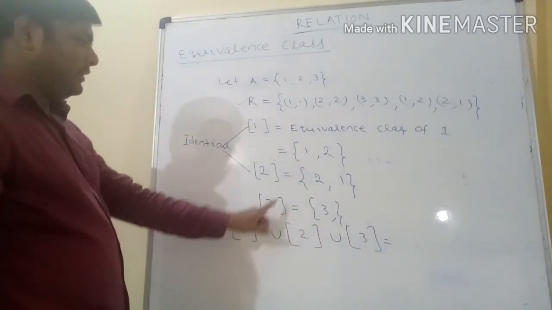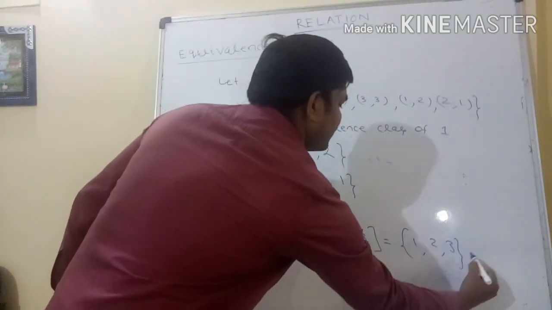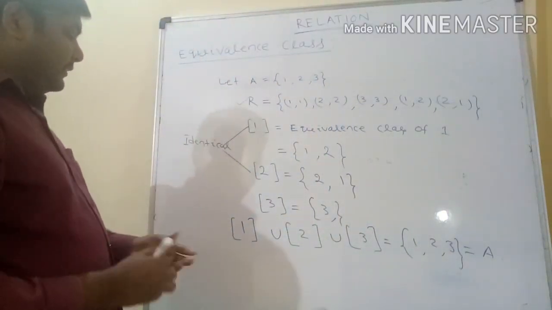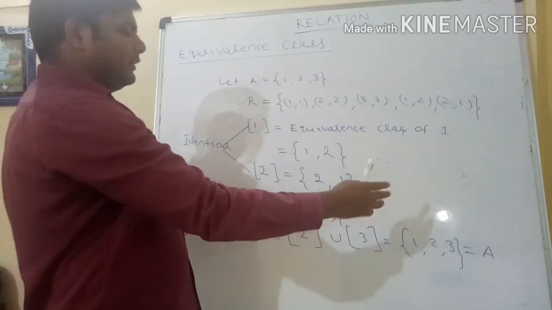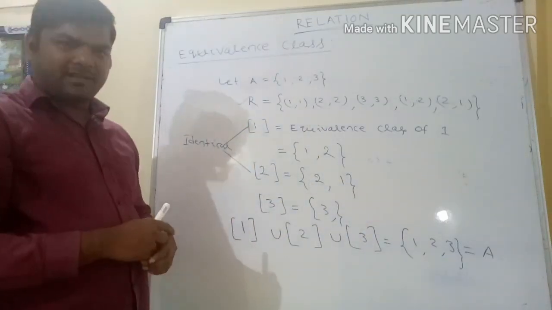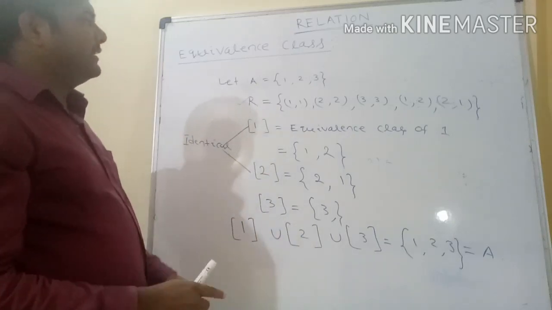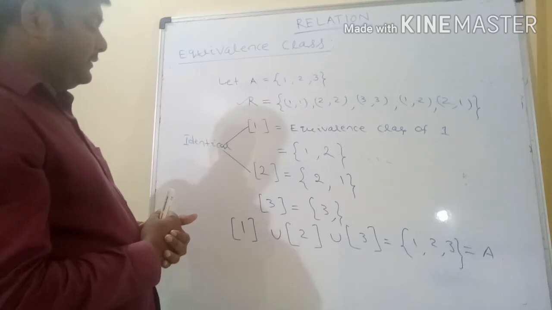So {1, 2} union {1, 2} union {3}, you get {1, 2, 3}, so this is equal to set A. That means these are the partitions for the set A. This is also one property: equivalence classes form a partition for the given set.